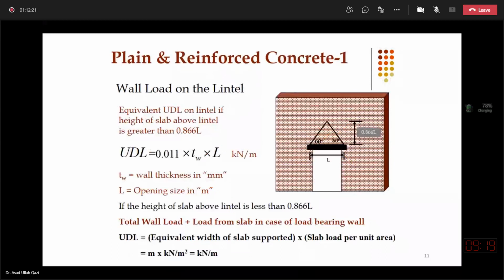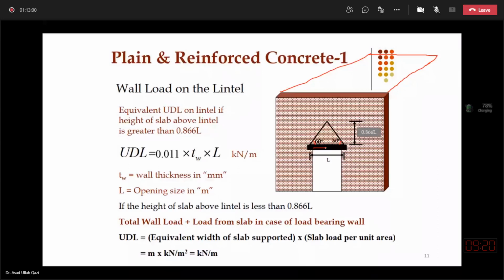Since masonry courses are arranged such that load distribution is at 60°, it is safely assumed that above that small beam I will have to construct a triangle with the interior angle 60°, and within that triangle all the masonry courses weight will be included, which will be subjected to this lintel as a uniformly distributed load.